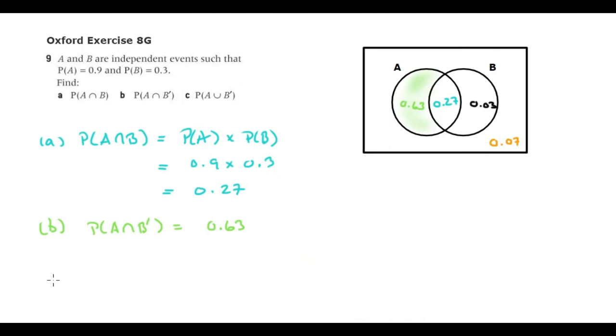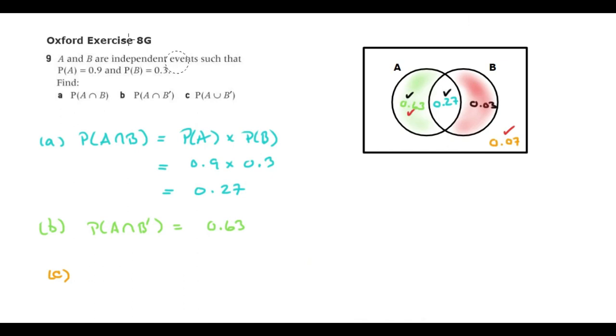And then part C, if we want to figure out A or not B, I guess we'll do our check mark approach. So we would go through and say, okay, I could take anything that's in my A circle, so those two numbers, and I could also take anything that's not in B. So I can take that number, and I can include this number, and the only thing, of course, we are not using, I'm sure you can see, is this section of our Venn, the so-called B-only section.